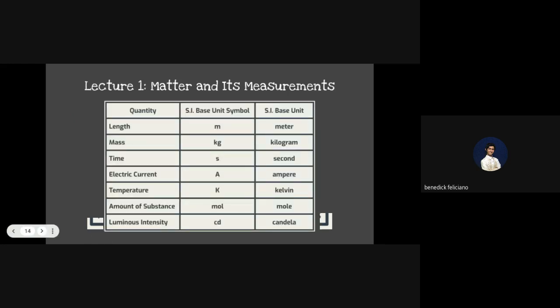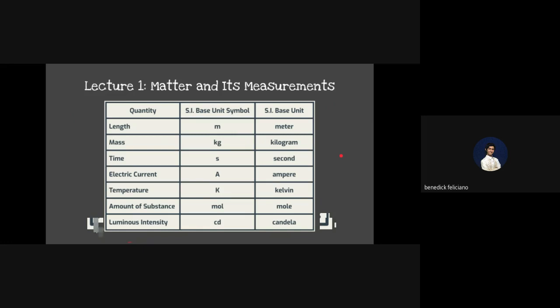So, as you can see in this table, these are also known as the fundamental quantities. What are fundamental quantities? From the word fundamental, meaning the very basic. These are quantities that do not have origins or do not have derivations.